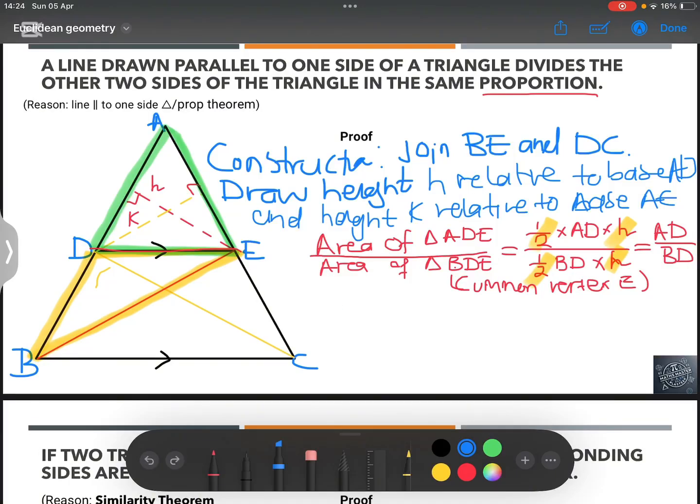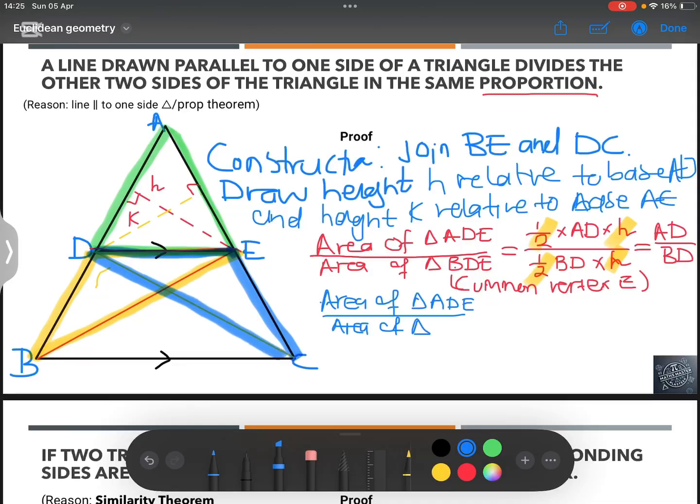We now have the area of triangle ADE divided by the area of triangle CED, this triangle.